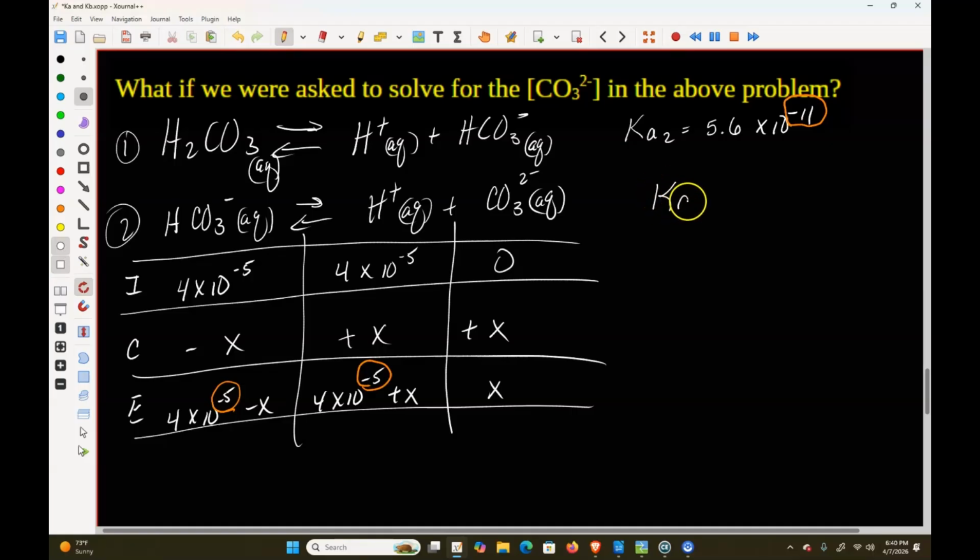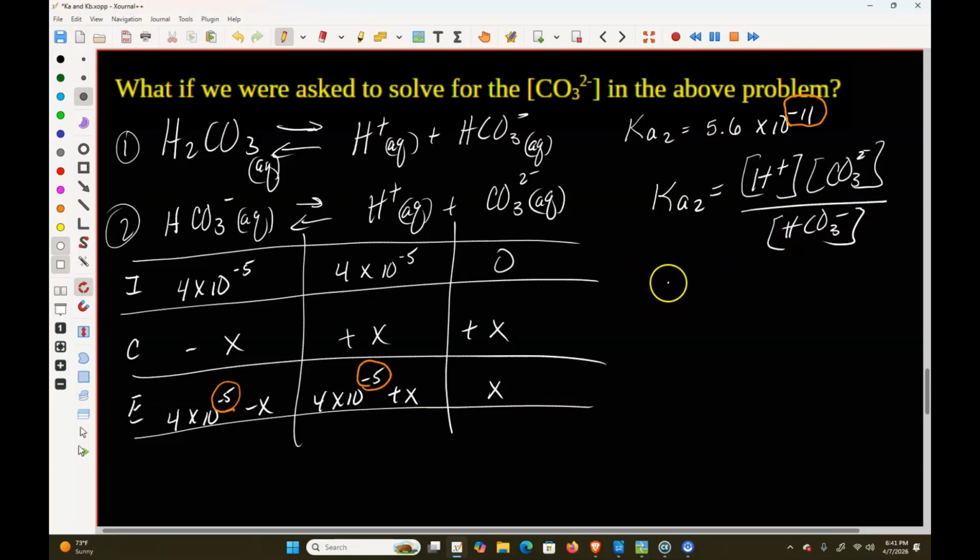So Ka2 then will be equal to the H plus, the CO3 2 negative, so I'm going to say 5.6 times 10 to the negative 11 equals 4 times 10 to the negative 5th plus X times X over 4 times 10 to the minus 5th minus X. And I said I was going to discard these, so I'm going to discard this and this.